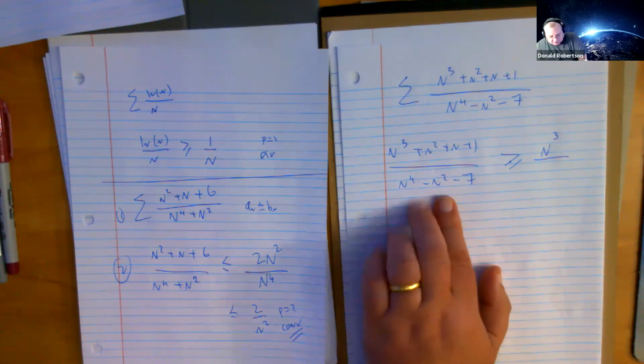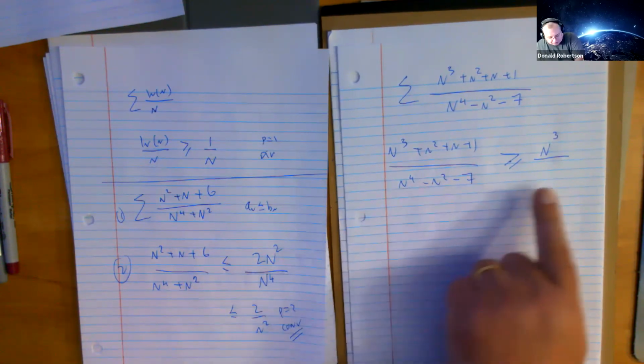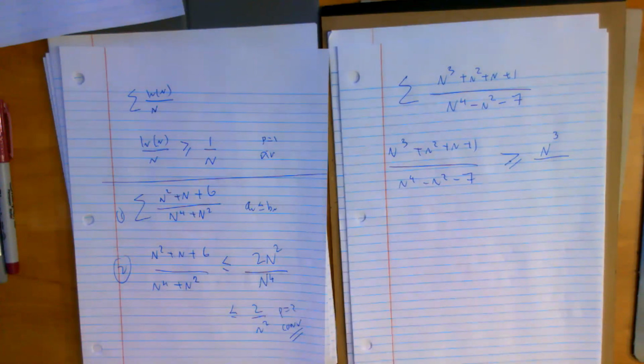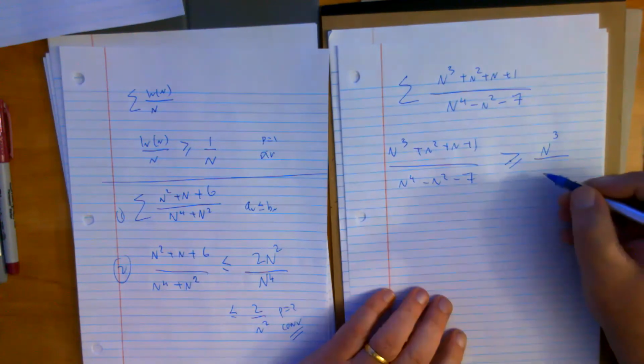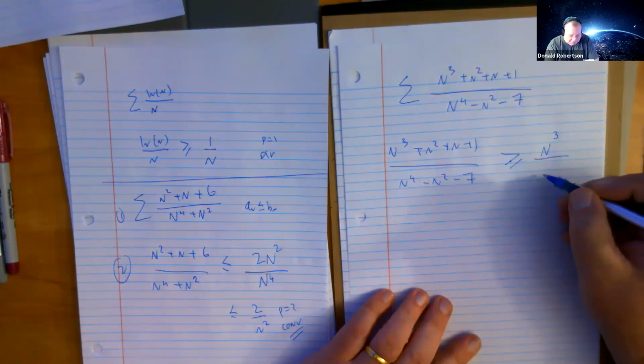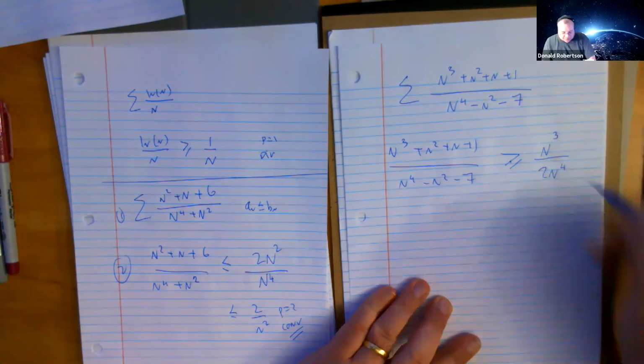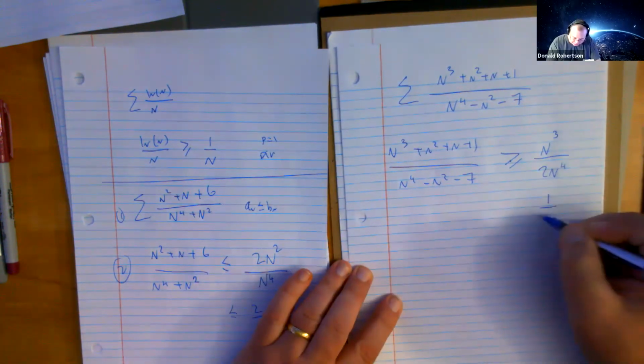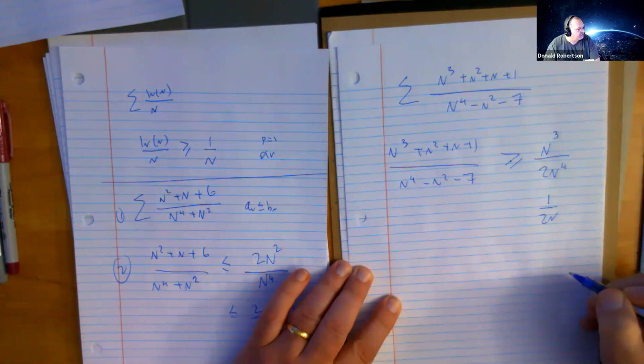Give me a single power of n that you can place on the bottom that's bigger than this. 2n to the 4th. Overkill, but there's nothing wrong with overkill. Wouldn't n to the 4 on its own also work? But nothing wrong with 2n to the 4, it's totally valid, so don't change it. Now, would you see that cancels down to a 1 over 2n? Do you recognize a p equals 1 series diverges?